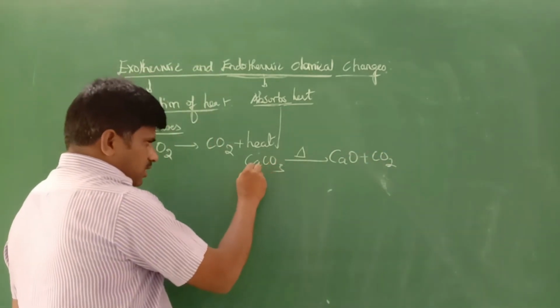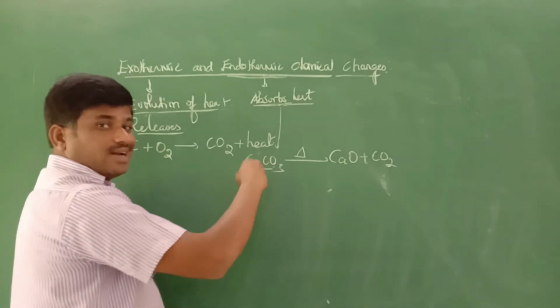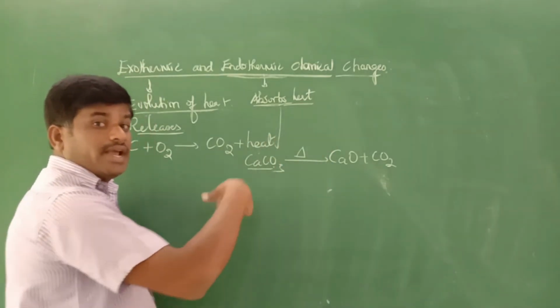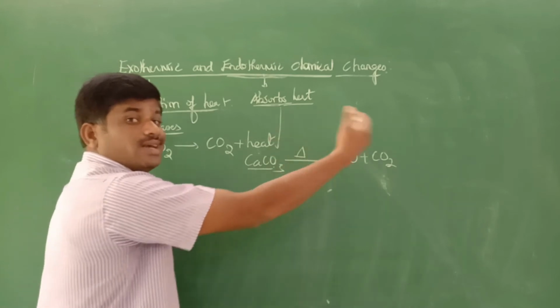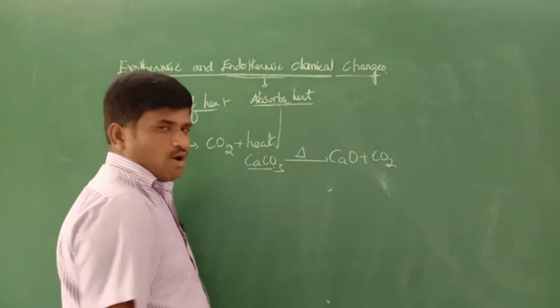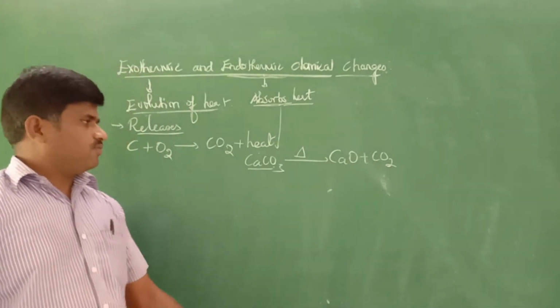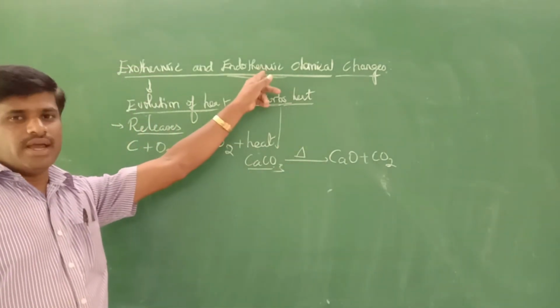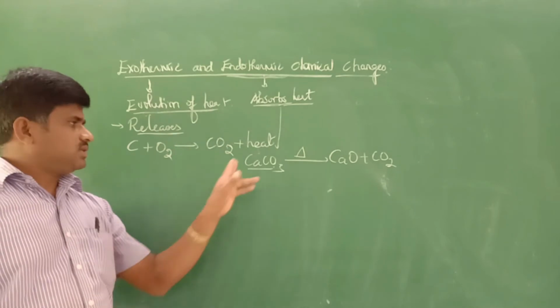Calcium carbonate is decomposed into calcium oxide and carbon dioxide by absorption of heat. So this is the example for endothermic chemical reactions.